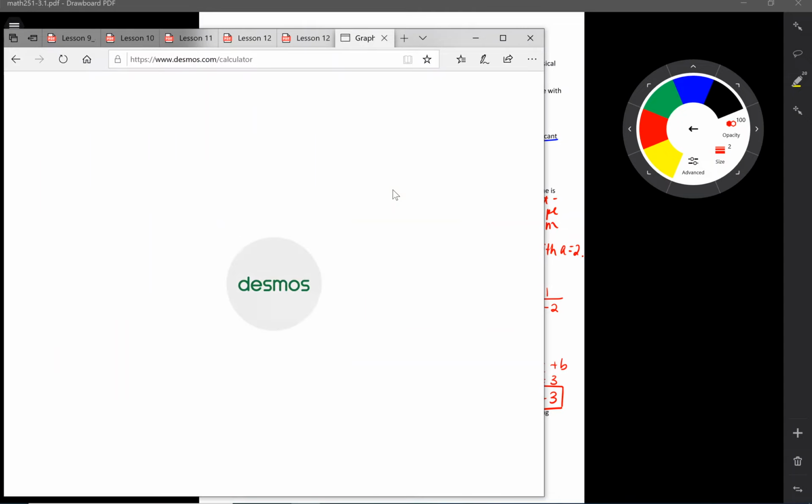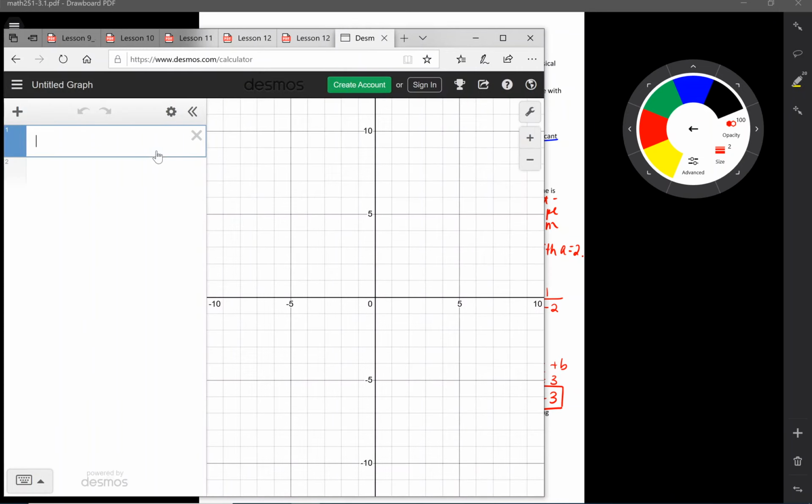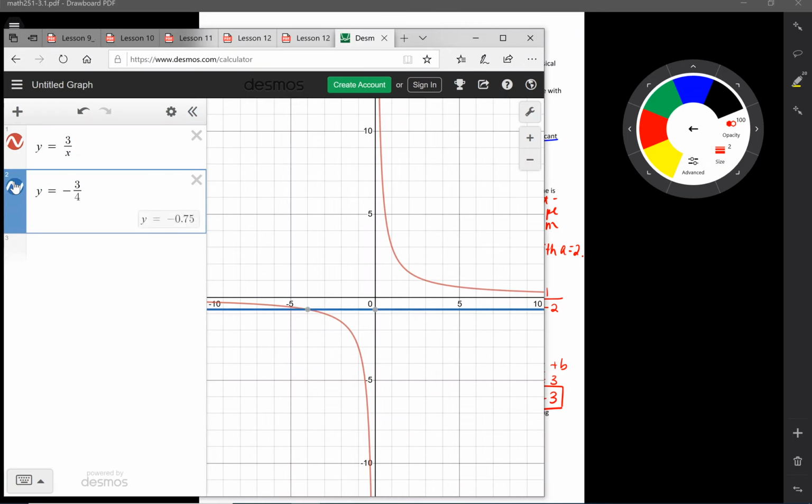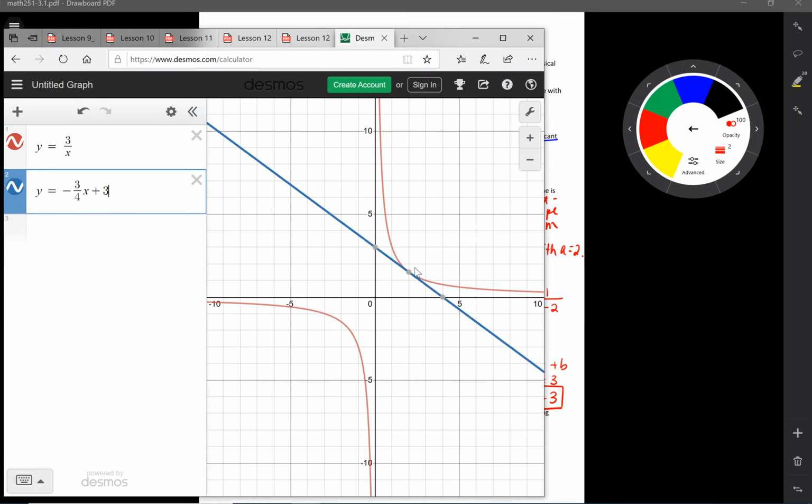So what does a tangent line look like? Well, I have the line y is equal to 3 over x, which looks like this. And I was at the point 2 comma 3 halves, which is right there. So then if I were to graph my tangent line, we got y is equal to negative 3/4 x plus 3. This is what our tangent line looks like.